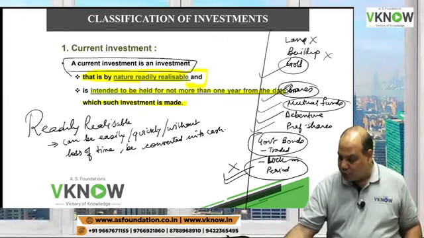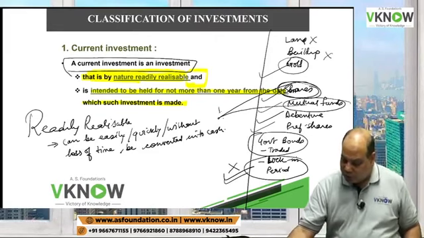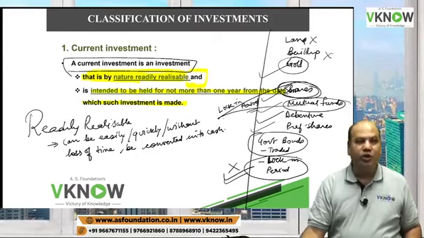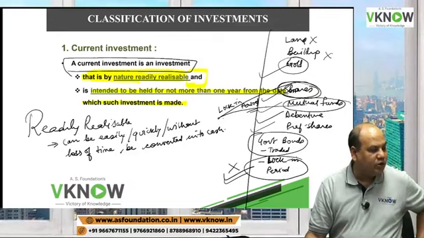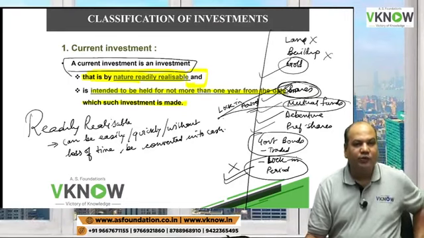Even in case of mutual funds and shares, if there is a lock-in period, which means it cannot be transferred, then they are not readily realizable and cannot be classified as current investment.